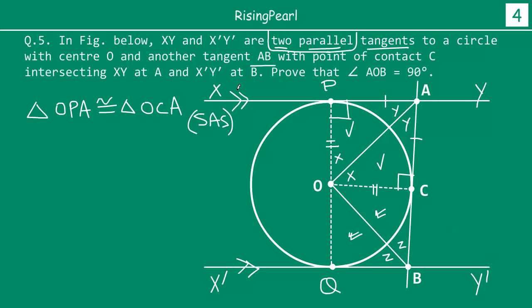If XY and X dash Y dash are parallel, then AB is a transversal, and hence this whole angle should be equal to this angle because alternate interior angles are equal, remember. So we have angle PAB equal to angle ABY dash.